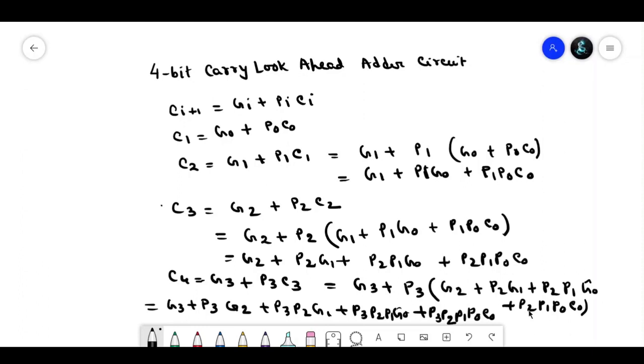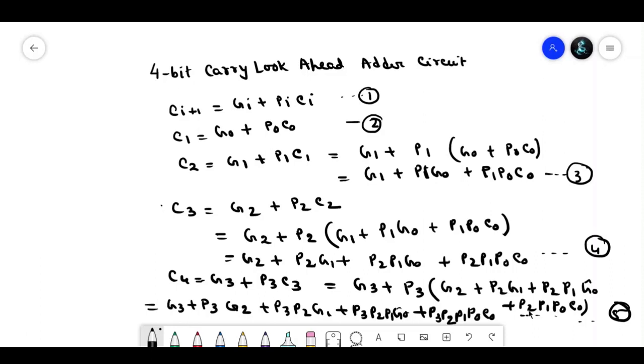So here if we write the equation numbers, this is equation number 1, this is equation number 2, this is equation number 3, then this will be equation number 4, and the last one is equation number 5.